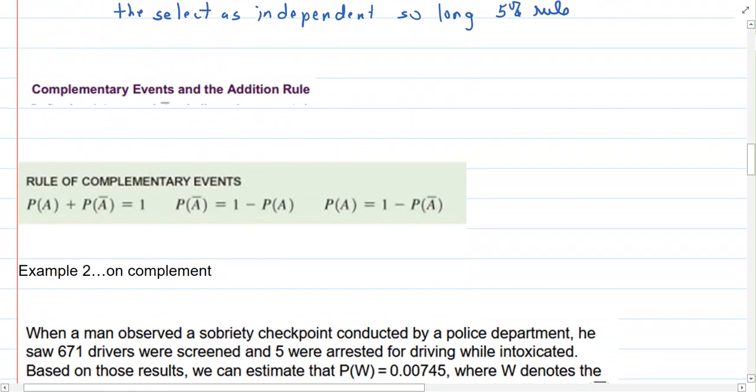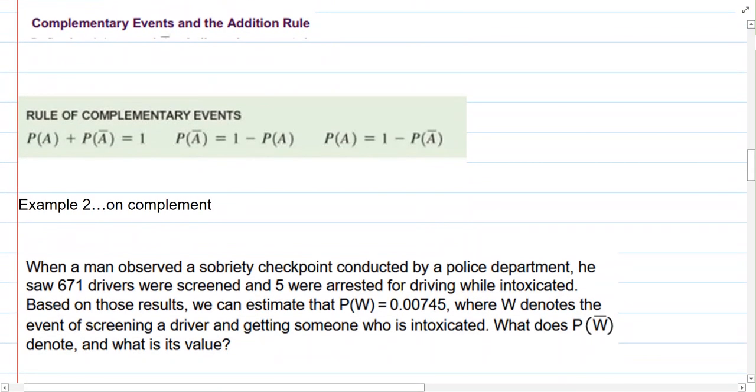All right. So we're going to talk about another aspect. Now, we haven't done any real problems yet. We're just getting used to definitions. This one is complementary events and the addition rule. Complementary events are the not of it.